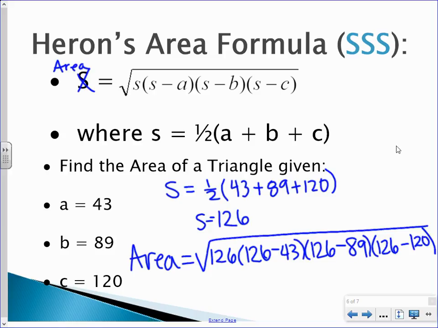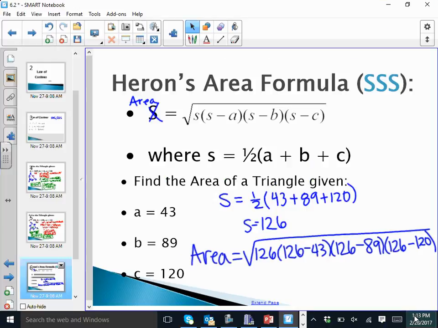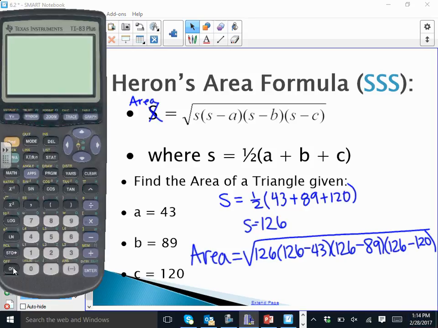Here is my advice, and some of you are already calculating away. Take a break and look up here, okay? You're going to have to punch this into your calculator anyway. So don't waste time trying to figure out what those three numbers are if you're going to put them in your calculator anyway. What would be the most efficient use of your time is to just put that square root in as it is.